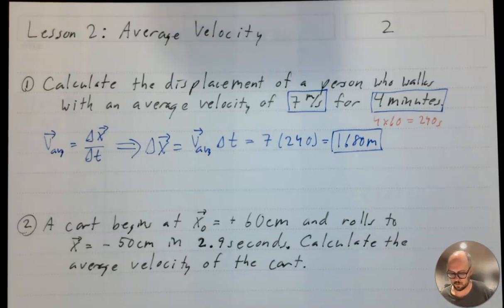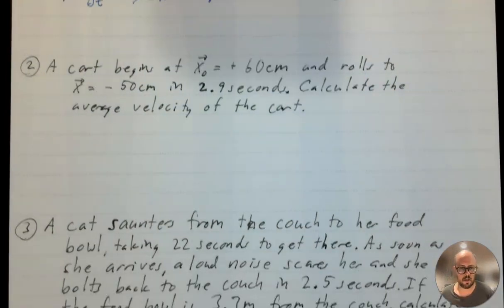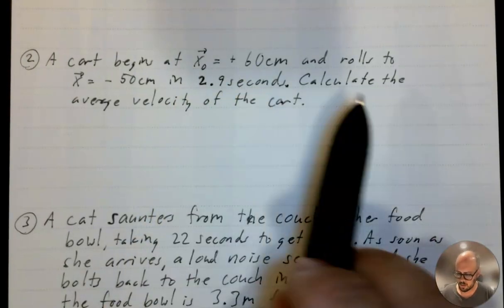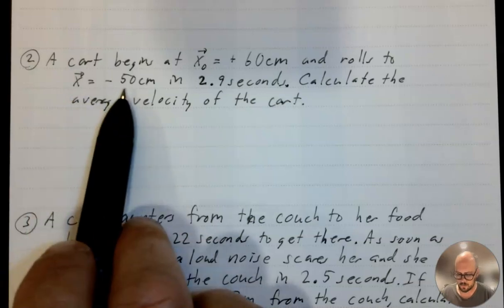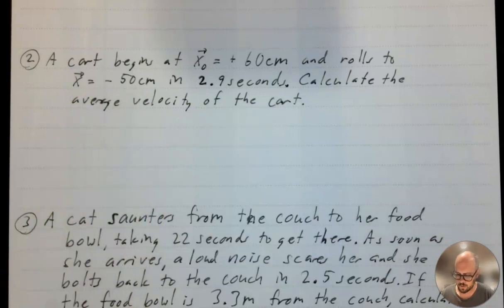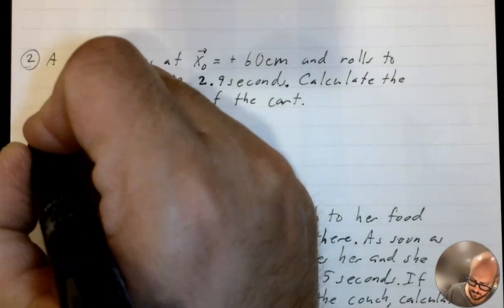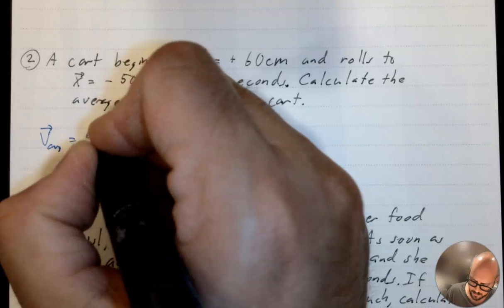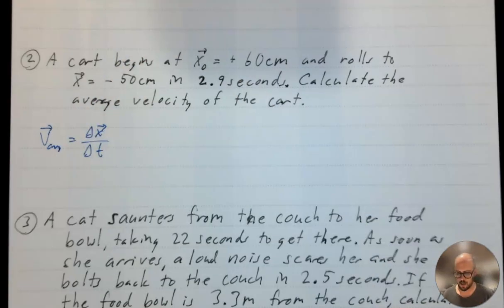of doing the problems. Next up, we have a cart that begins at x naught equals positive 60 centimeters and rolls to x equals negative 50 centimeters in 2.9 seconds. Calculate the average velocity of the cart. So average velocity is again displacement over time elapsed.